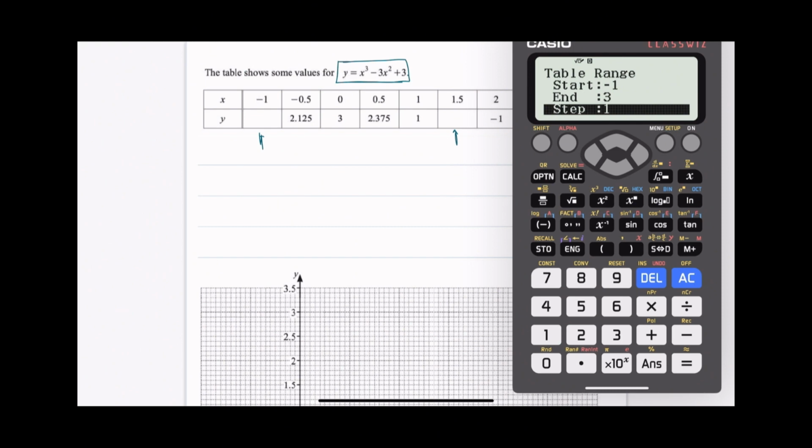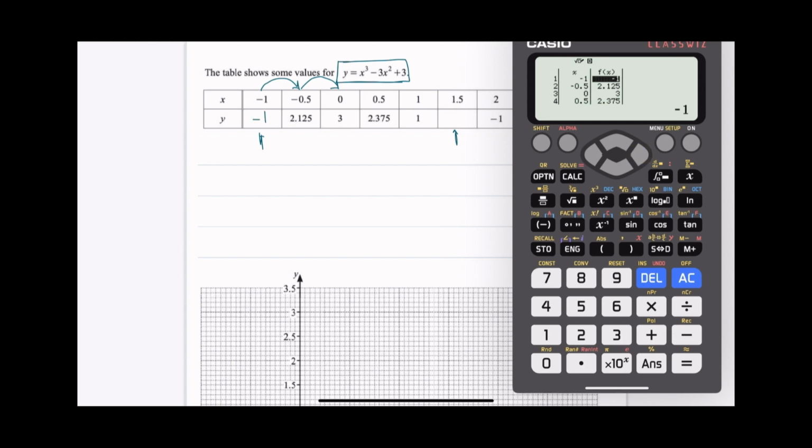So as you could see, from -1 to -0.5 there is a difference of 0.5, and then from -0.5 to 0 is going to be a difference of 0.5. So it would be better for me to take a step of 0.5 in each value. So I press equal to, and I get the whole table in. Can you see that? When x is -1, the value of y is also -1.